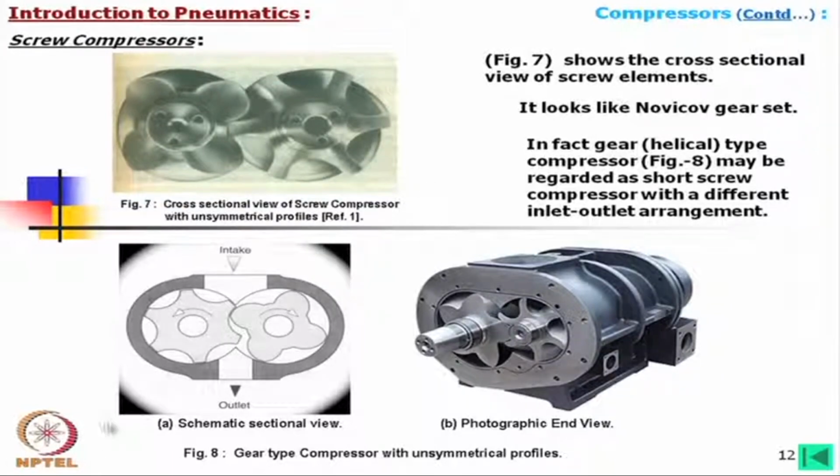As well, you will find that inlet outlet is like that, but this is also of different profile, as you can see. You can compare this, but remember this one is the gear type, or sometimes it is called lobe type, and whereas this is the cross section of the screw type compressor.